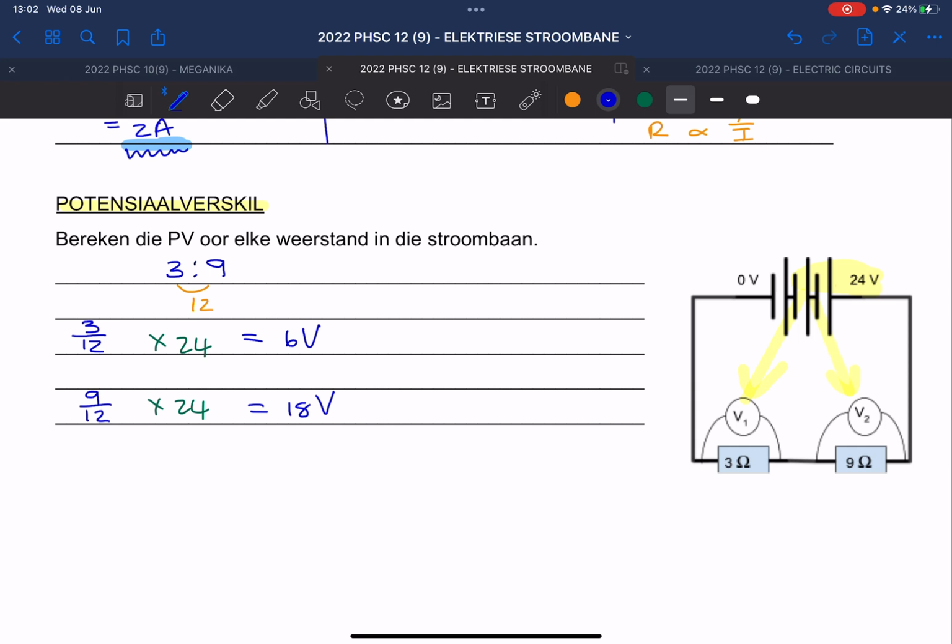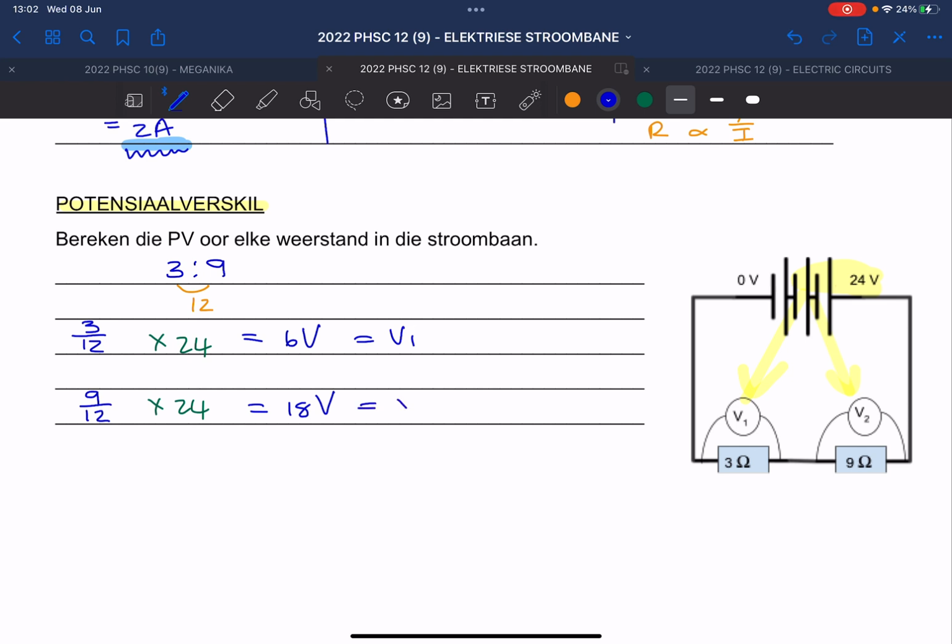Okay, so the 6 volts, will it be on V2 or on V1? That's my question to you. Good.